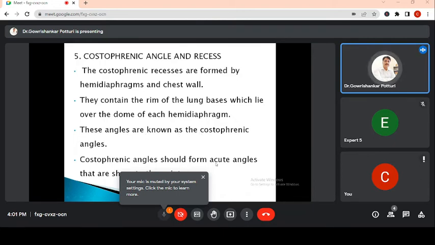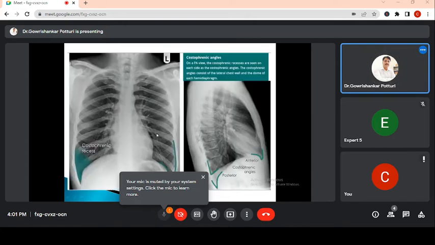Costophrenic angles should form acute angles that are sharp to the point. On a PA view, the costophrenic recesses are seen on each side as the costophrenic angles. The costophrenic angle consists of the lateral chest wall and dome of each hemidiaphragm. These are costophrenic angles.